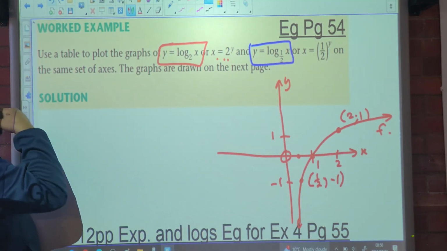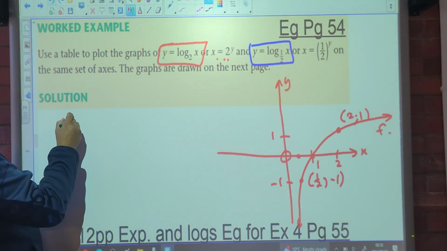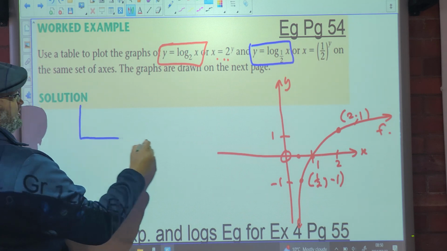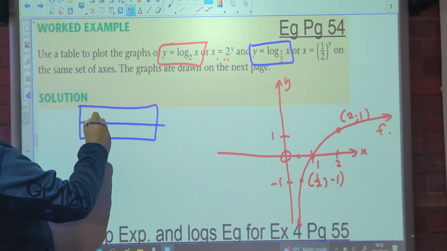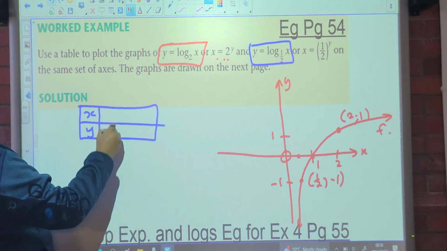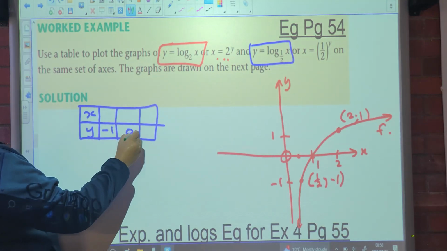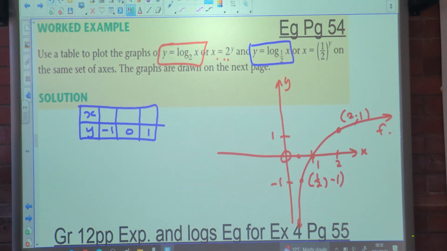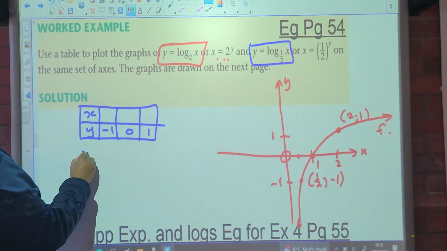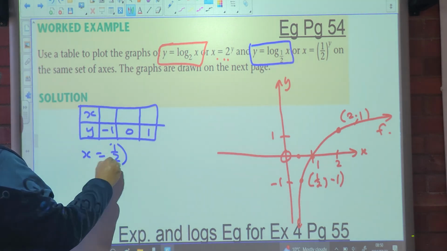I'm going to apply the second method first. So we draw the table. We draw minus 1, 0 and 1 on your y. So it's a log function, the inverse to what we normally are exposed to. So we say x is equal to half to the y.